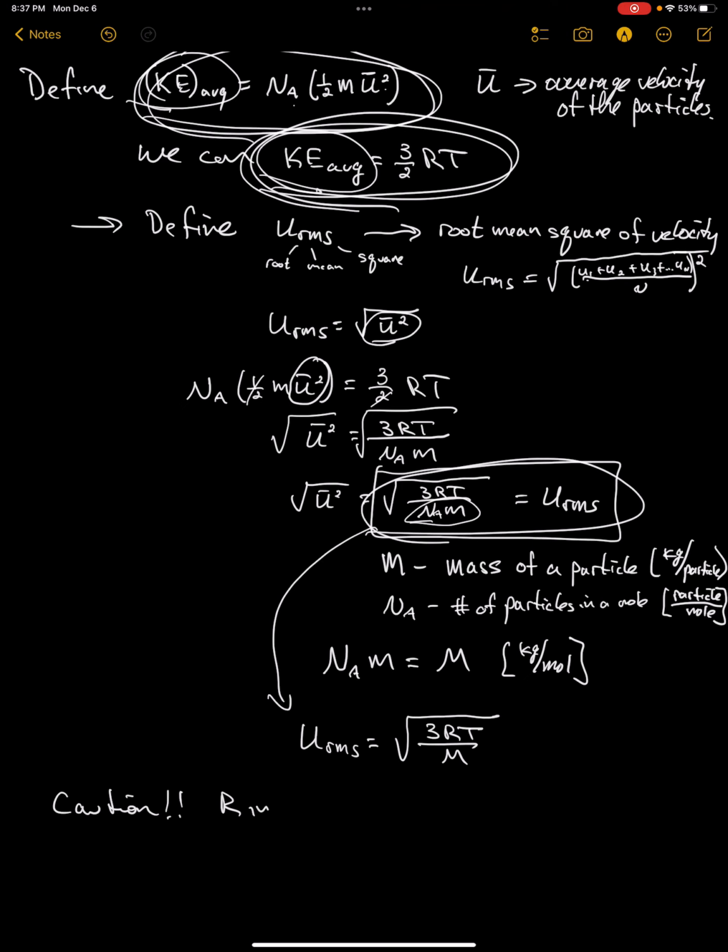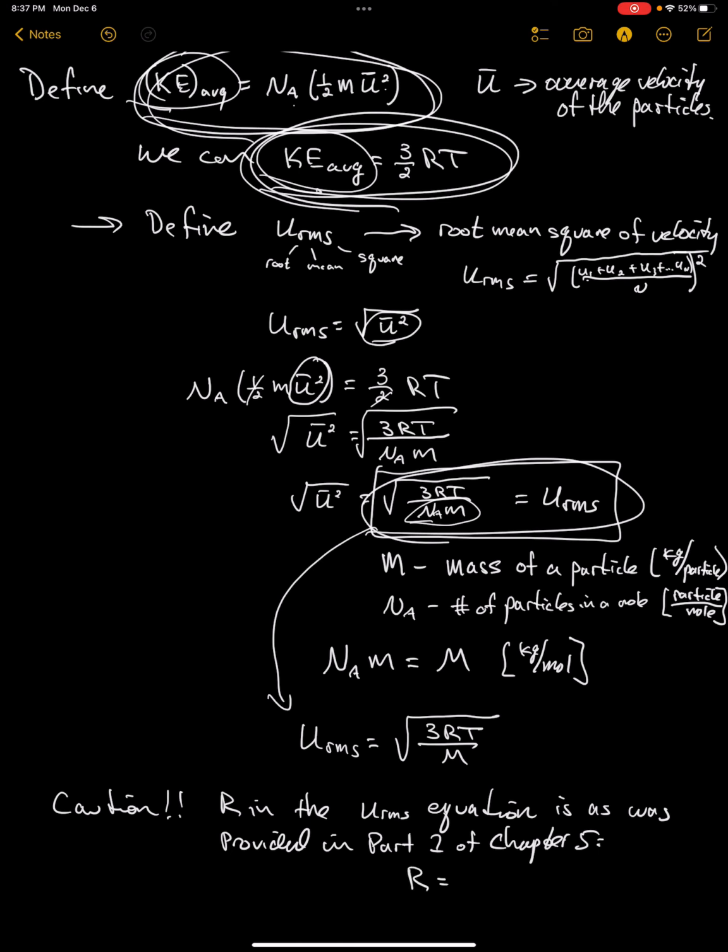The R in the root mean square equation is as was provided in part 1 of chapter 5, where in this case, we're saying that we're using the value of R, where R is equal to 8.3145 joules per mole Kelvin.